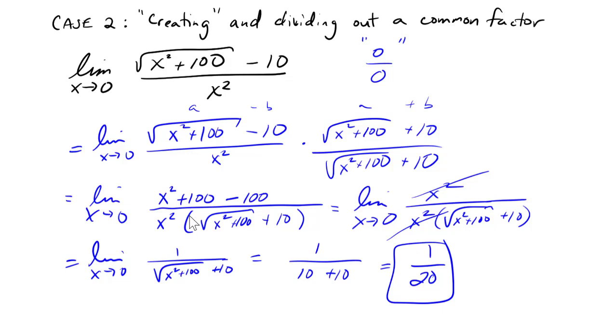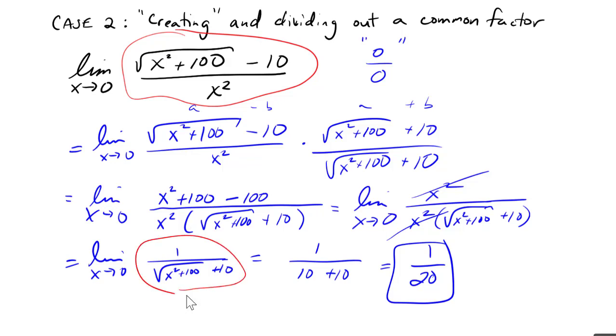We wanted to look at this complicated function, which has a hole at 0, has a problem at 0. So we look at this function instead, which is the exact same function, except it's actually defined at x equals 0. And so we use this one to get the answer to this one, and that's how we end up with our 1/20th.